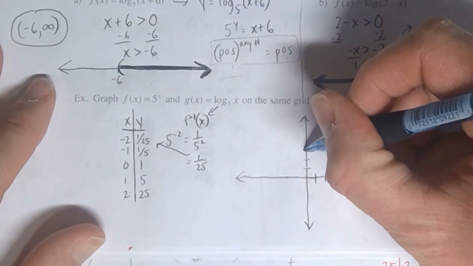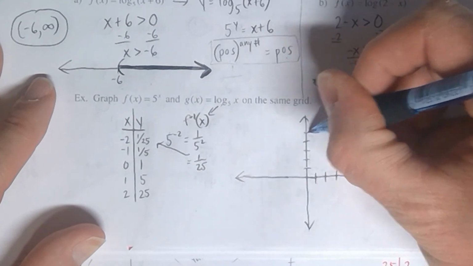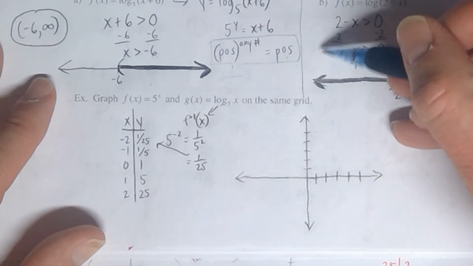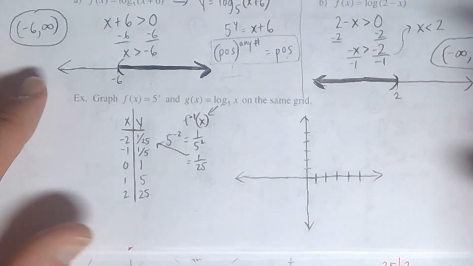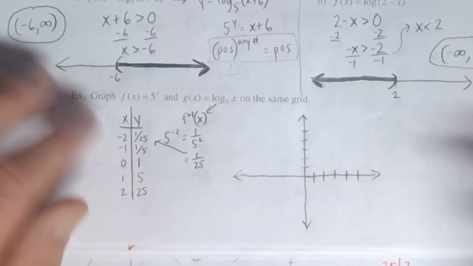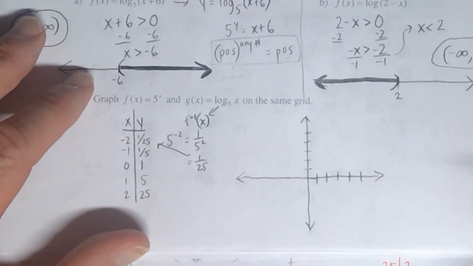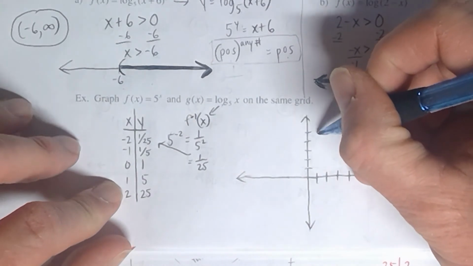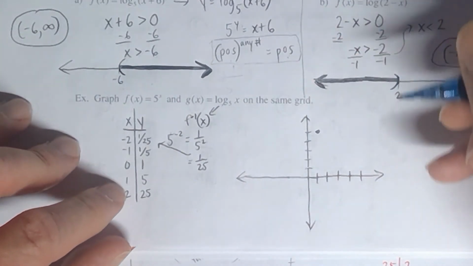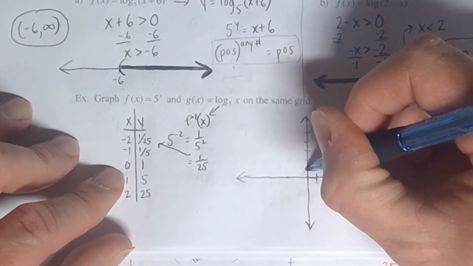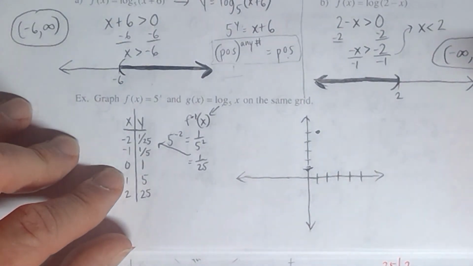But that means that this has to be the same, and that's why I don't want to put that 25 on there. The 25 is way, way, way up here. But these other ones I can fit on there. All right. 1, 5 is right here. 0, 1 is right there.